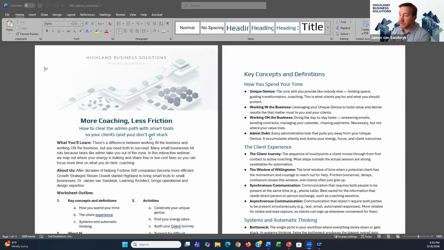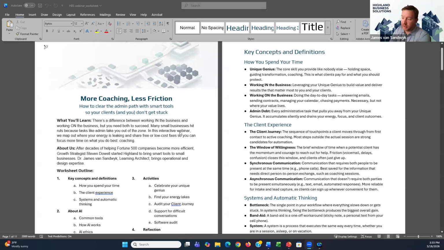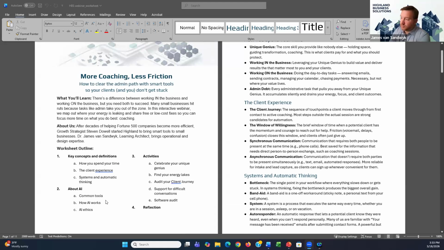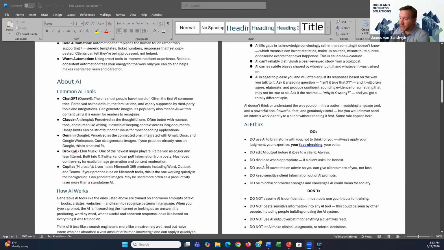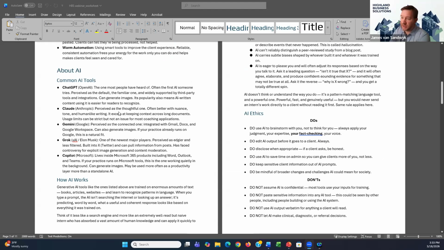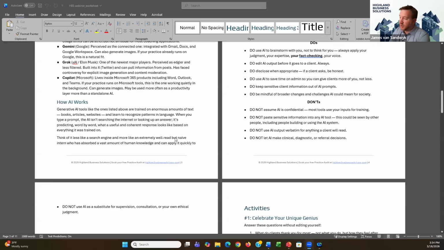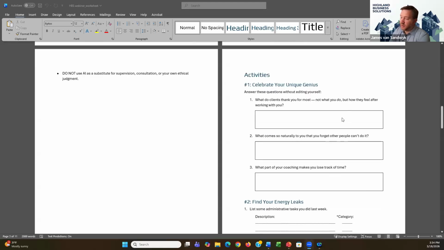Okay. So it's basically working through the key concepts that we spoke about: what's important to you, the client experience, and listing some common AI tools and how they can be used. The most important part is down here. Here's the whole list of different AI tools that are available. I mentioned some of them in the presentation. But if you go down here, the activities are basically reflecting on your business practice.